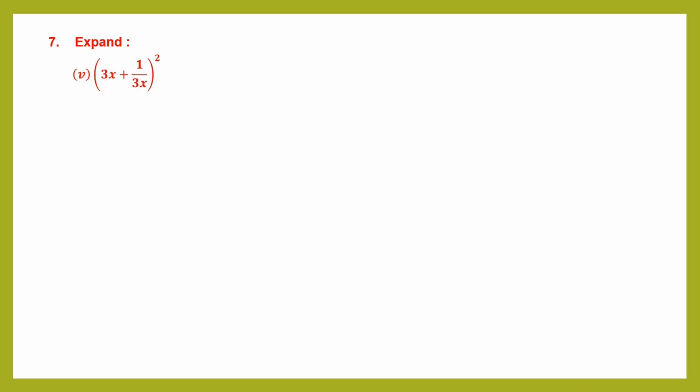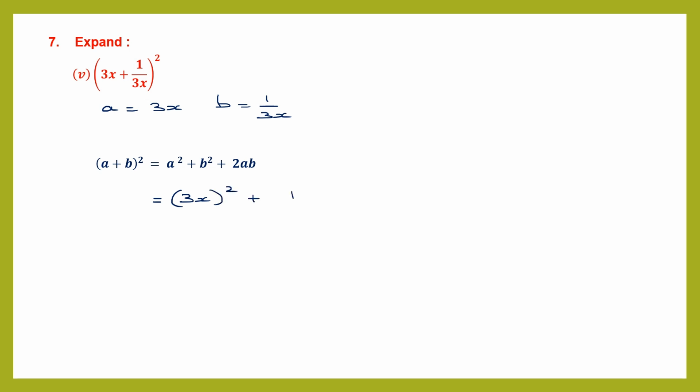So 3x is a. So let's say a is equal to 3x and b is equal to 1 by 3x. Now we can apply the formula. (a + b) the whole square is a square plus b square plus 2ab. So what is a? a is 3x and the whole square of this, plus b.